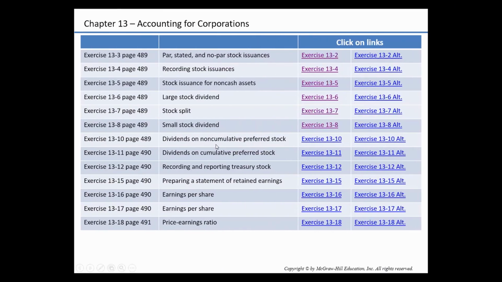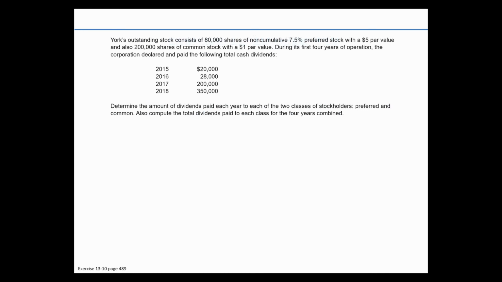Paying dividends on non-cumulative preferred stock. The York's outstanding stock consists of 80,000 shares of non-cumulative 7.5% preferred stock with a $5 par value, and also 200,000 shares of common stock with a $1 par value.